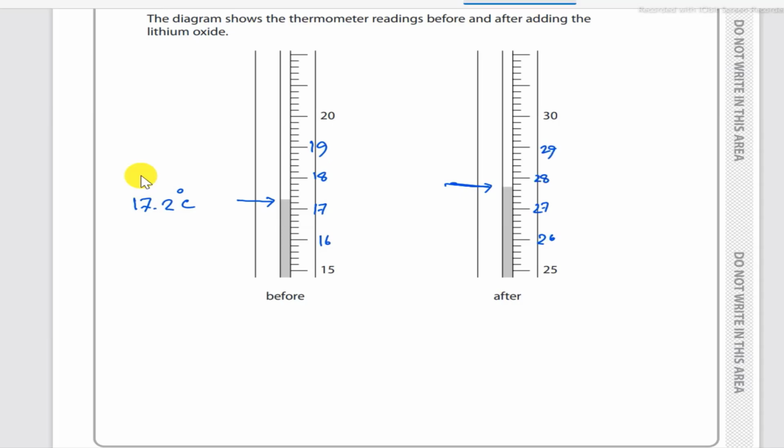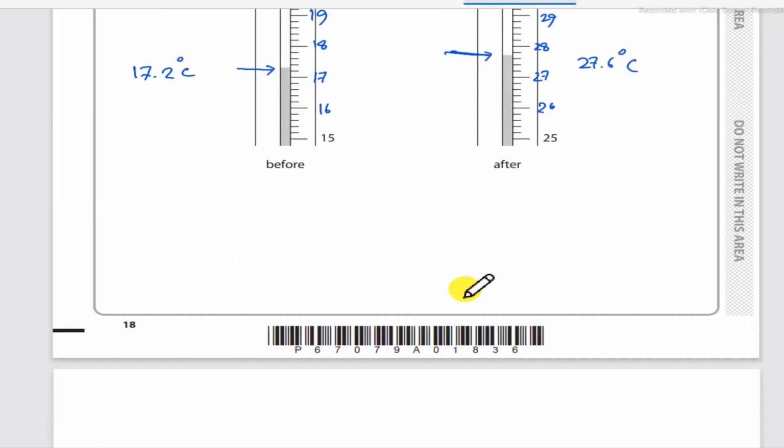So 27.6 degrees Celsius. So that is the before and after reading of the thermometer.